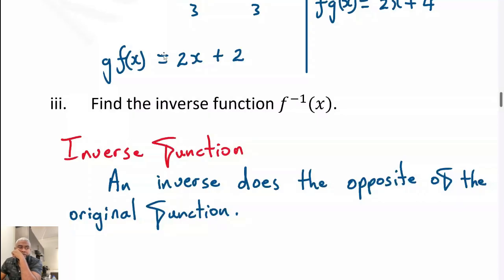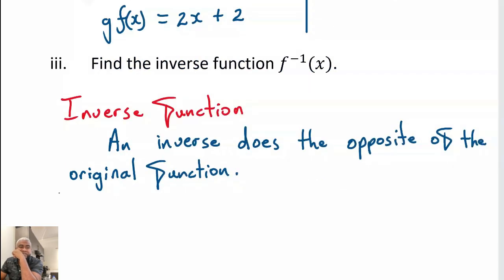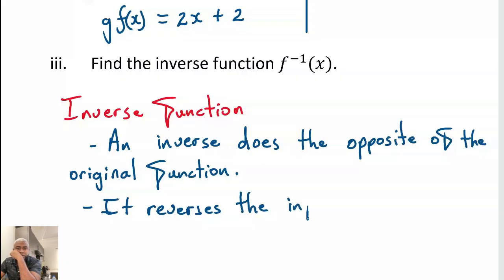All right. So basically, it reverses the input and output. All right.